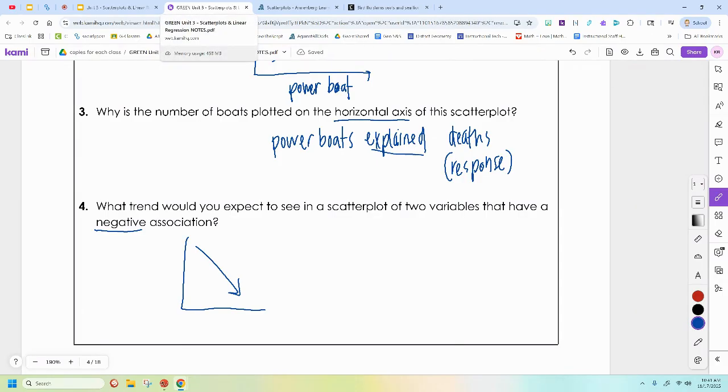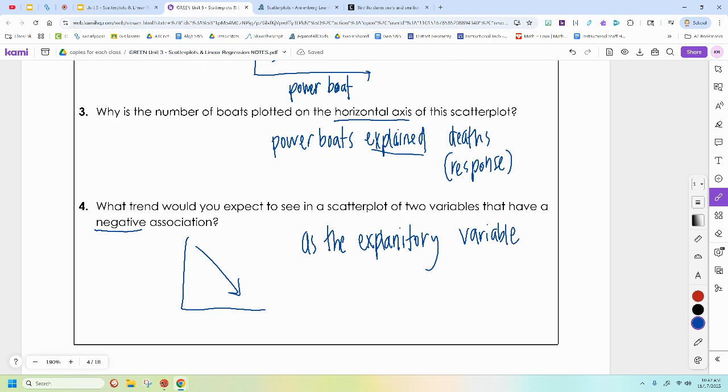Okay, we talk about as the explanatory variable increases, the response variable decreases.